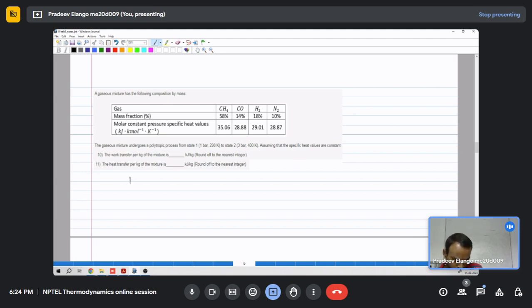So now we have P1 as 1 bar, P2 as 3 bar, T1 is 298 Kelvin, T2 is 400 Kelvin. Since they have mentioned that it is a polytropic process, we know PV to the power n is equal to constant.